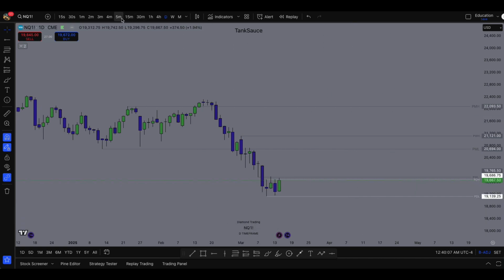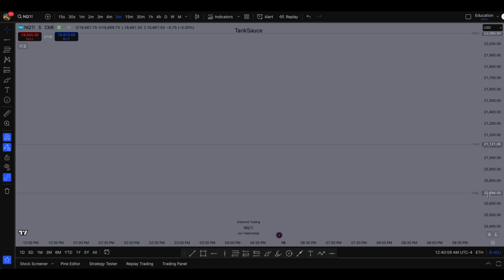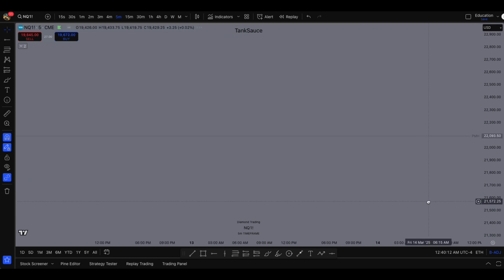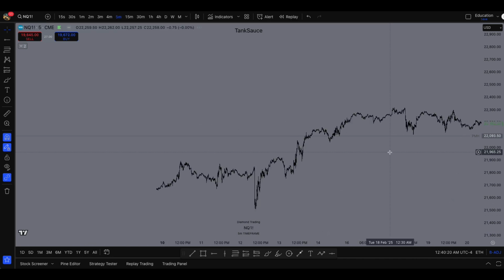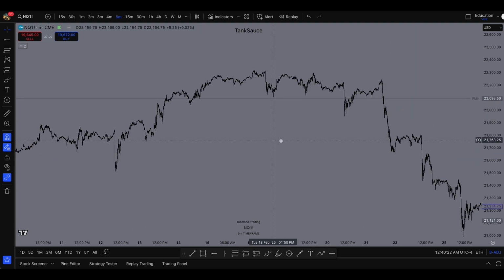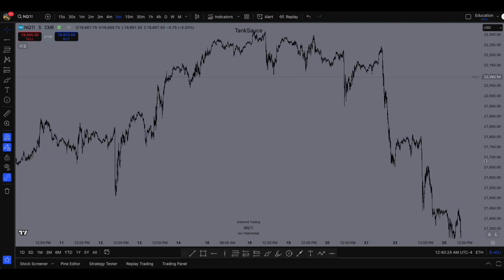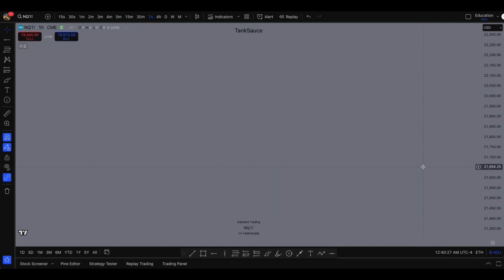So let's go to the 5-minute time frame, right? And we're going to go to that previous month high to start. Okay, now you could probably do it on the hour chart.